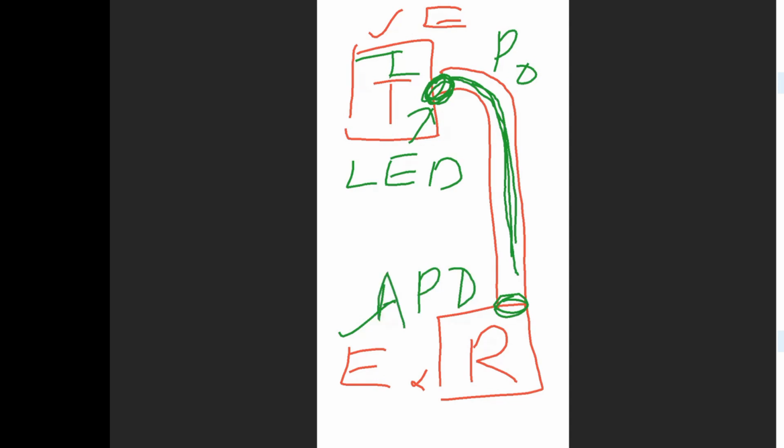I have shown you the picture. And this APD, what it does, it takes the optical power and gives you the electrical current as the output, which electrical current is known as your photocurrent. So this gives you the photocurrent for further processing on your receiver side.